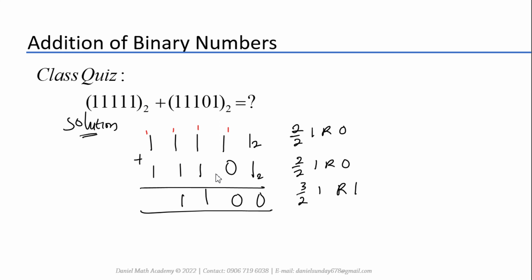This is still 3, so we divide 3 over 2 again, which is 1 remainder 1. We write 1 here and carry the other 1 to here. Since there's nothing here, we just bring down our 1. So our answer becomes 11110 base 2. This is the answer to this problem.